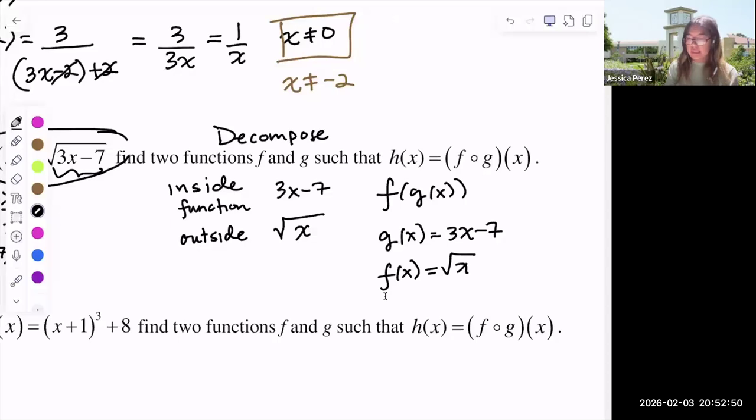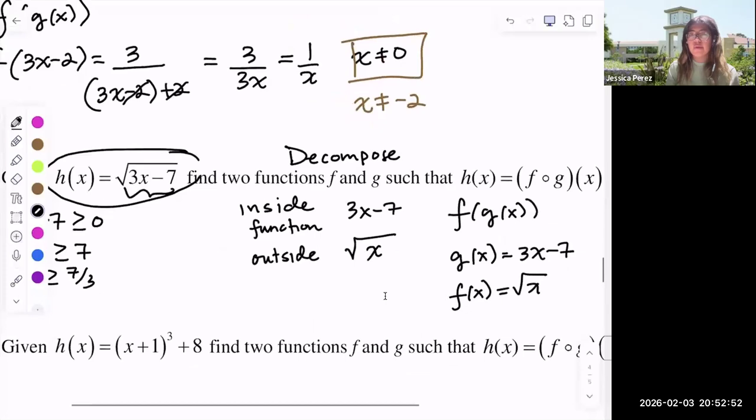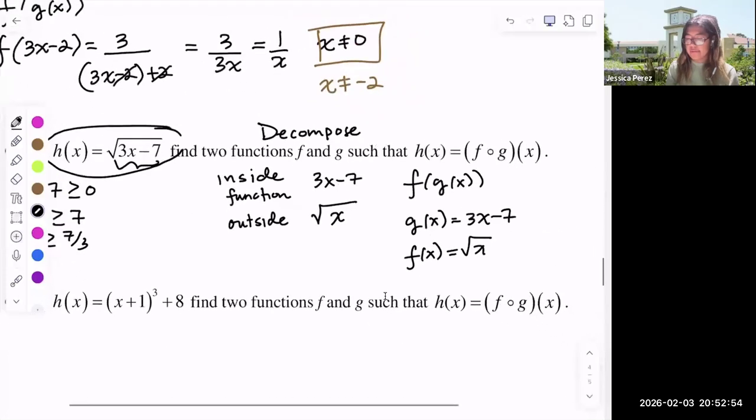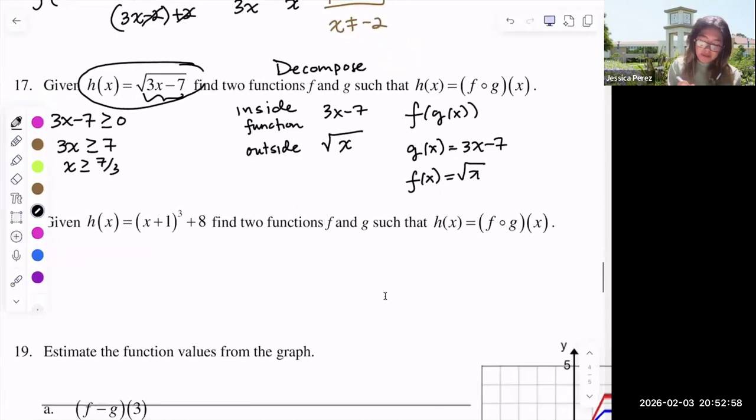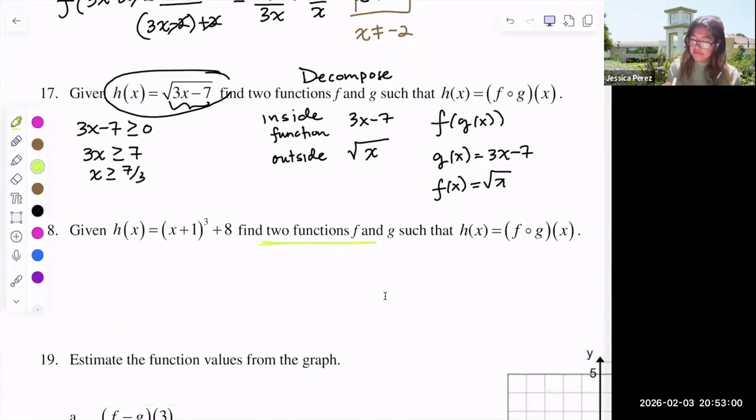So what you're doing is, you know what the solution is, now you want to split it apart. Who's the inside and who's the outside? Same thing here. You want to find the two functions you want to decompose. So here you have an outside and then inside, it looks like you have the inside to be x plus 1.